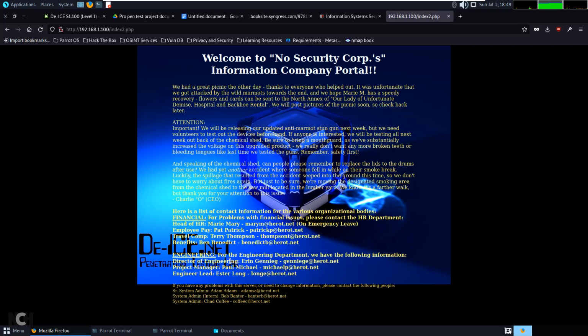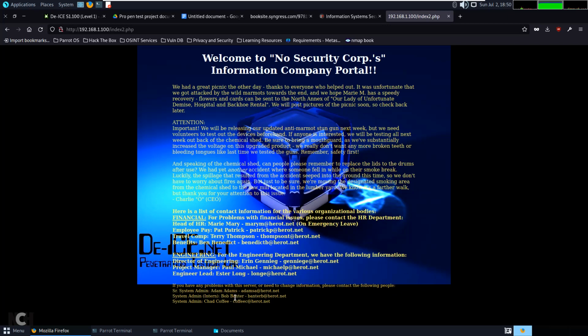Director of Engineering, Project Manager, Engineering Lead. I can't see any of these guys. No security corps. Okay, so no security. Maybe since this is no security corps, they hired stupid system administrators.